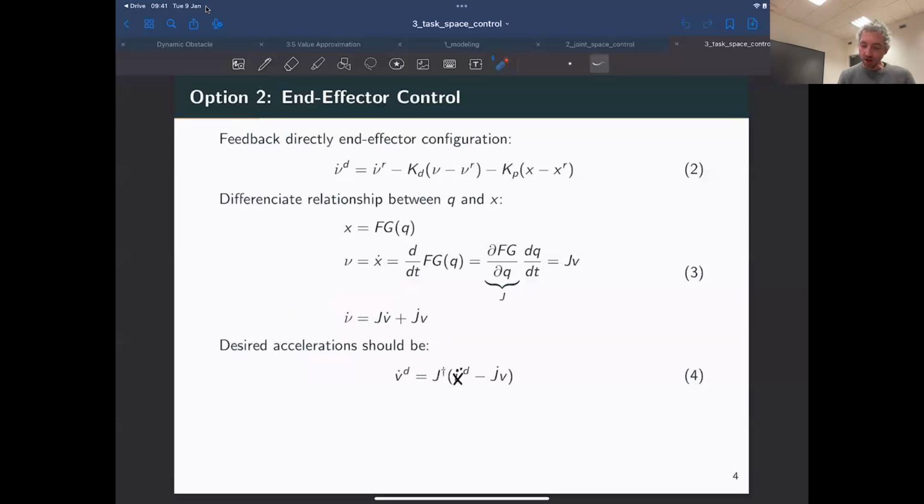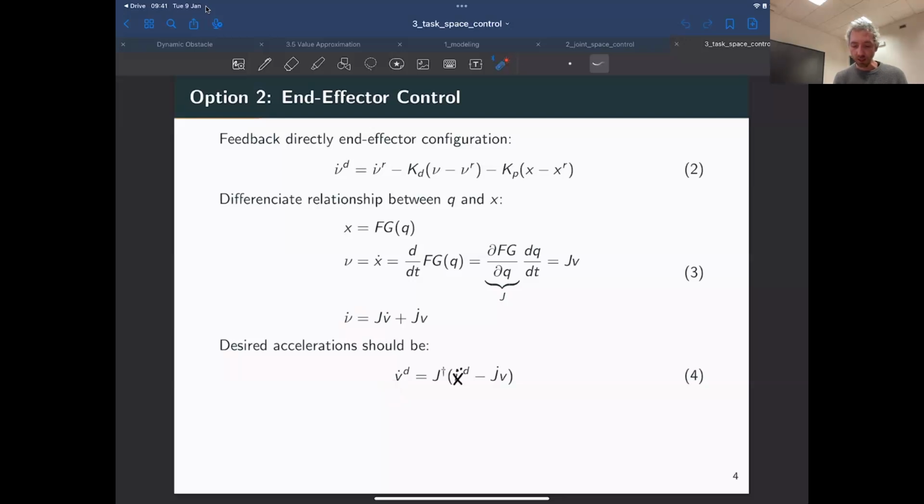After we have these expressions that relate the acceleration of the end effector with the acceleration of the joints, we could compute the joint accelerations that result in the desired end effector acceleration by simply inverting this linear equation.